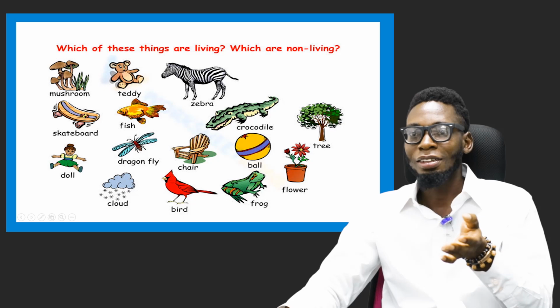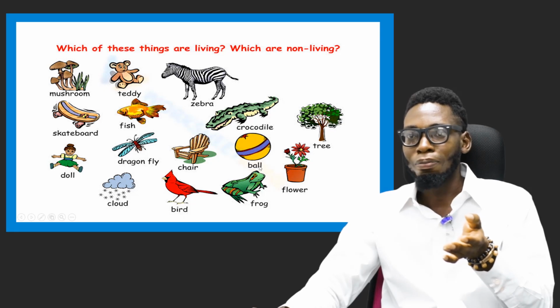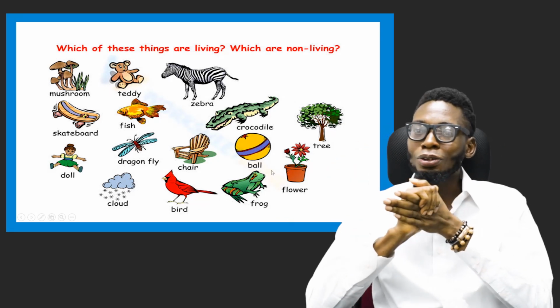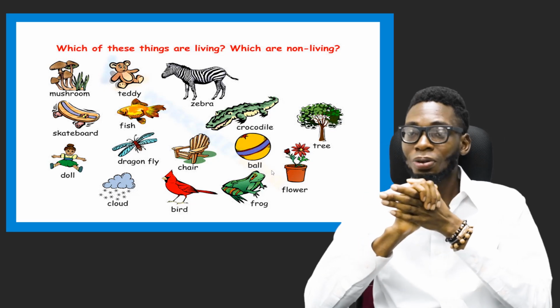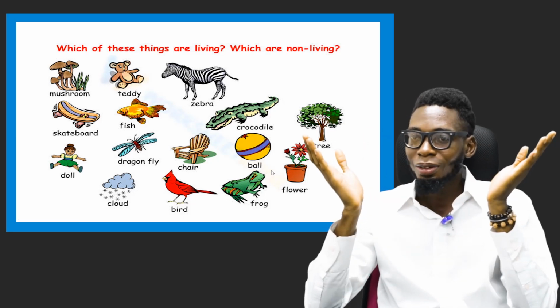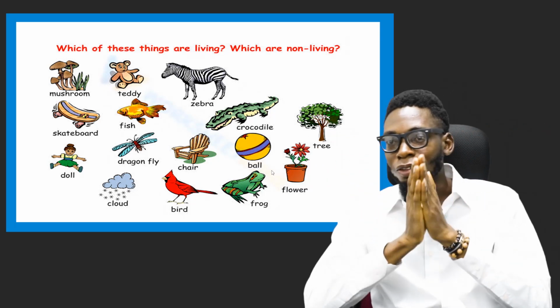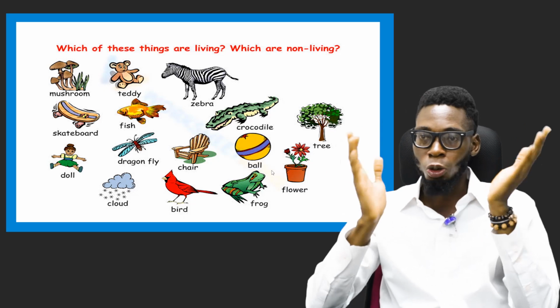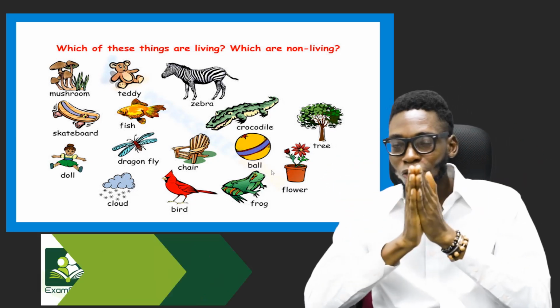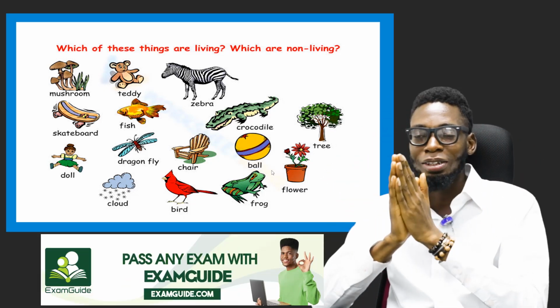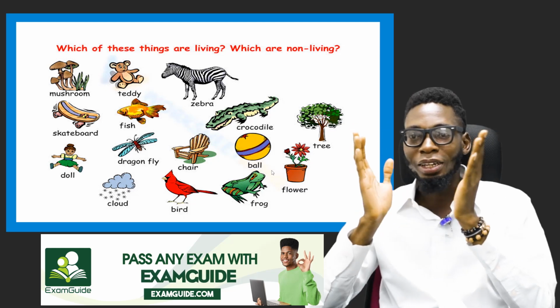Now, if we look at the ball, is it a living or non-living thing? Does the ball eat? No. Does it move on its own? No. Does it struggle with other organisms for space, mates?